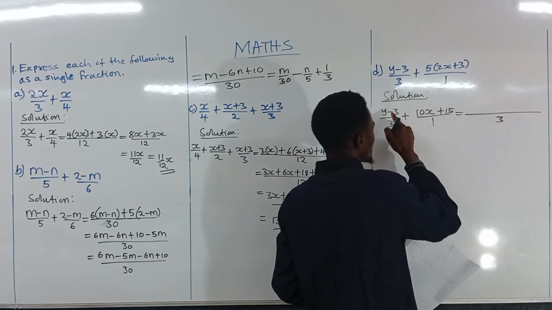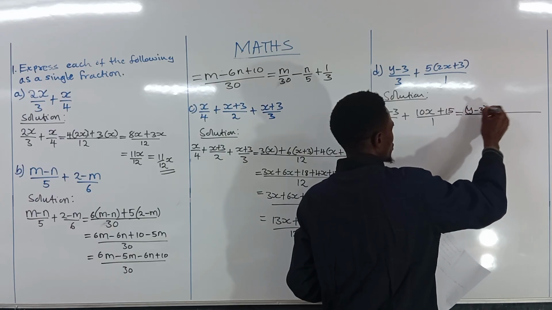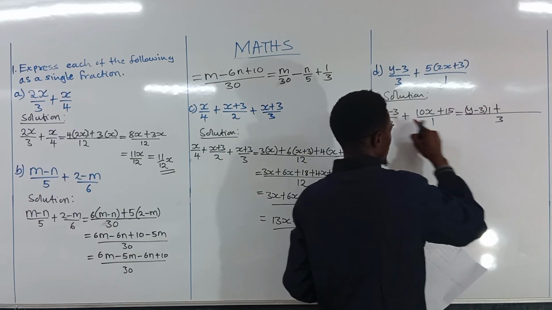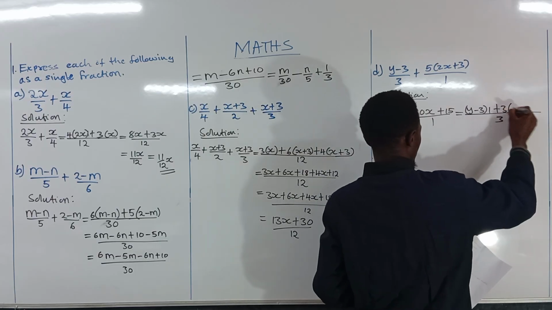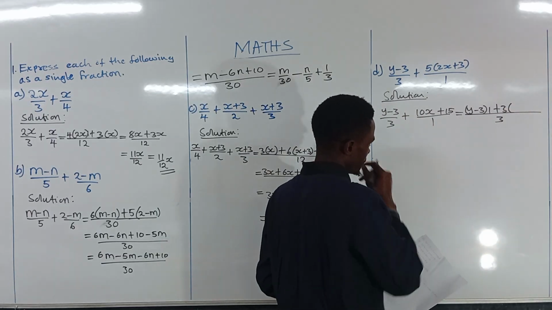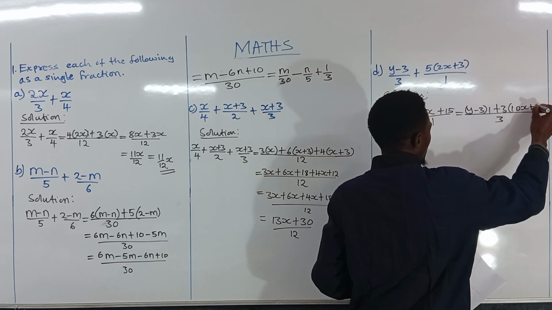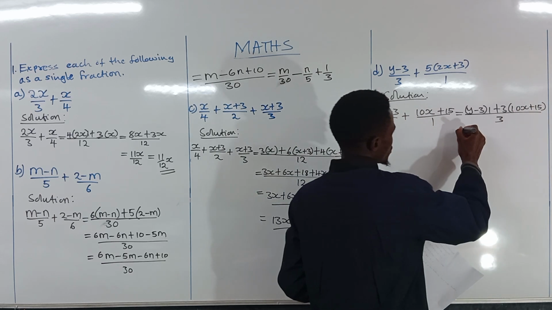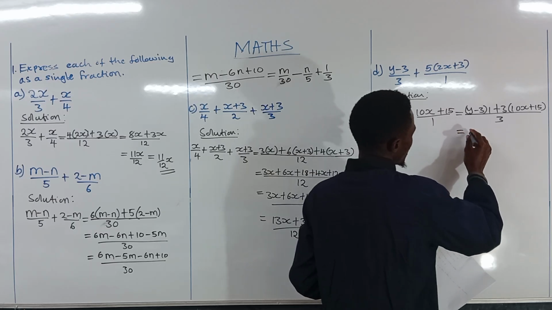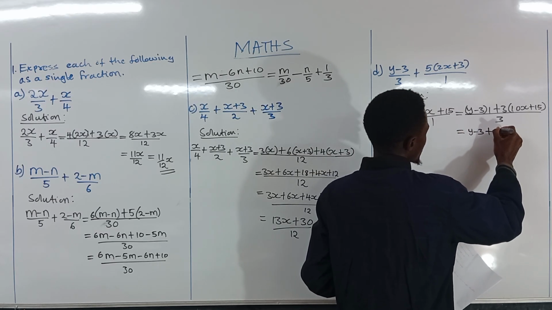So it's going to be 1 times y minus 3, which is y minus 3, plus, 1 goes to 3 three times, 3 into the numerator of the second term, which is 10x plus 15.